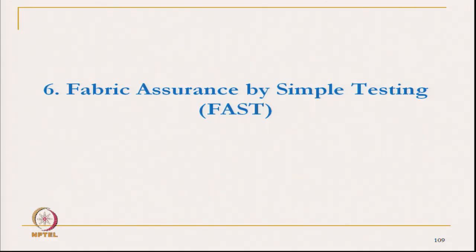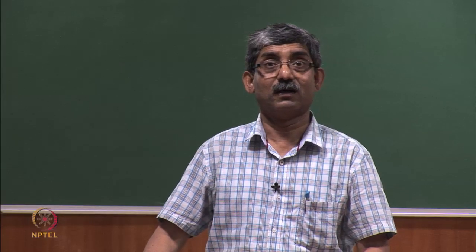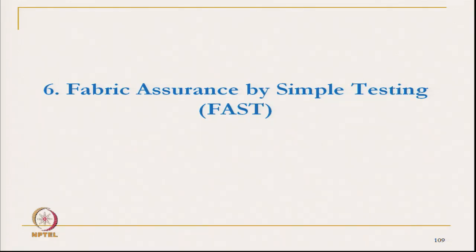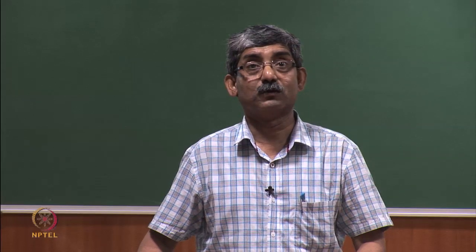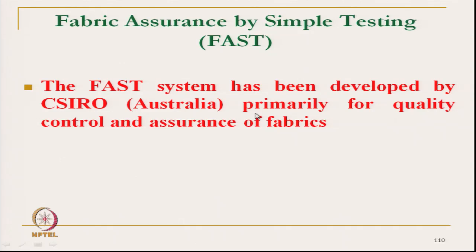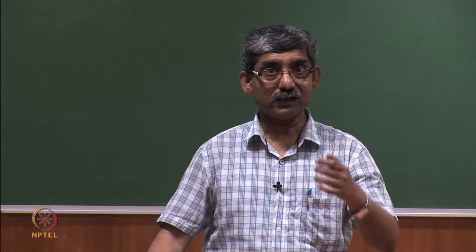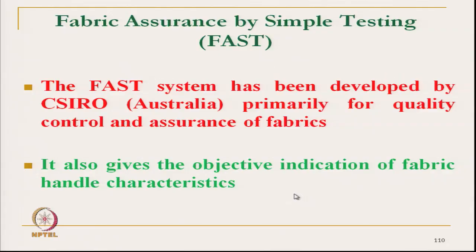Now, we will start another set of instruments, which is the FAST instruments, developed by CSIRO Australia. Primarily it is for quality control and quality assurance purposes, but indirectly we can use it for measuring fabric tactile responses.